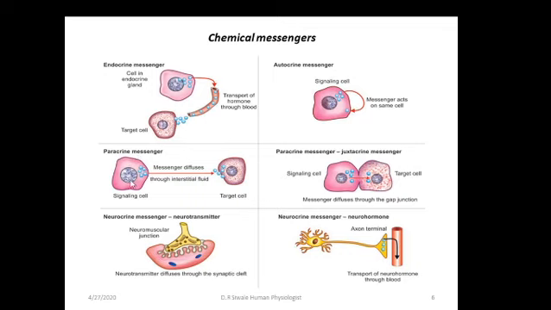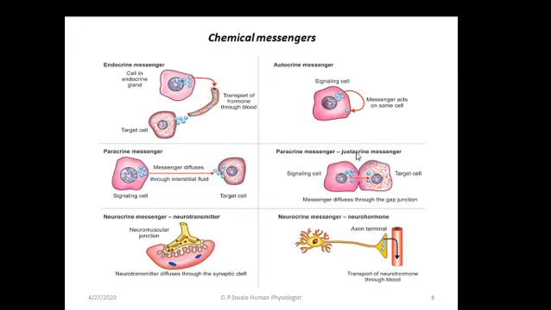A signaling cell releases a chemical messenger which diffuses through the interstitial fluid until it reaches the target cell, and then you see a physiological response. But again, with the paracrine messenger, the signaling cell and the target cell are in close proximity.